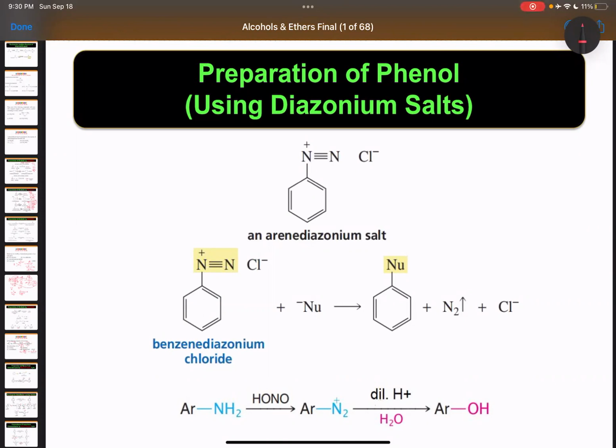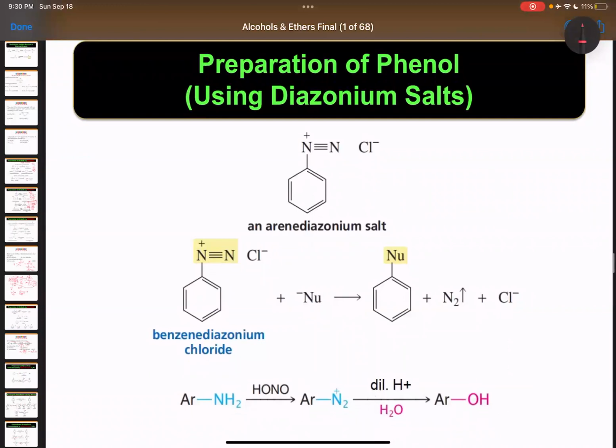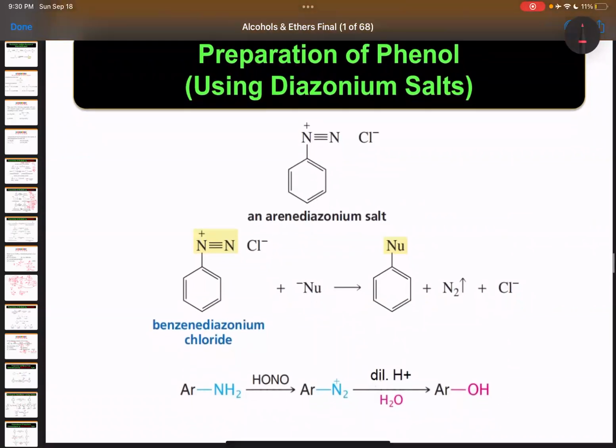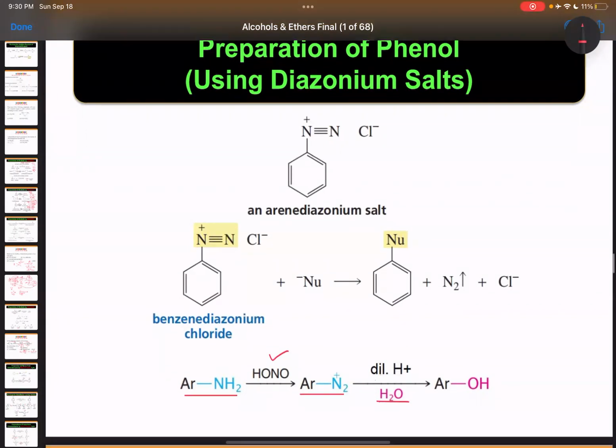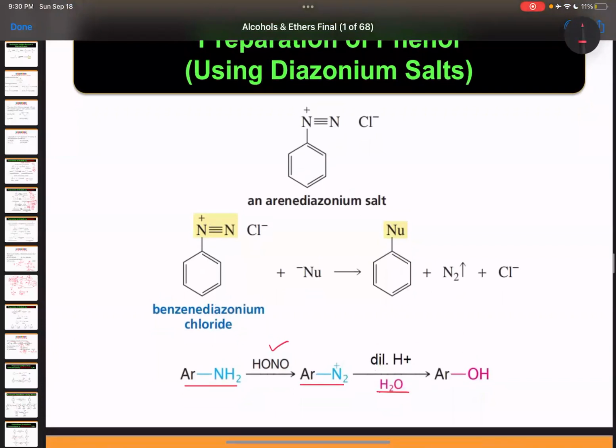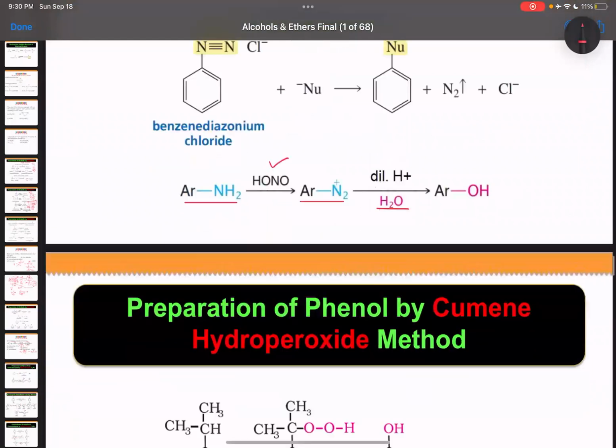Any idea? From benzene, you can do the nitration. You can reduce the NO2 group to NH2 by taking Sn/HCl, react it with NaNO2 plus HCl. You are going to get a diazonium salt. Heat it with water or dilute H2SO4. That is going to substitute the N2+ group by the OH group, and you will end up with phenol.